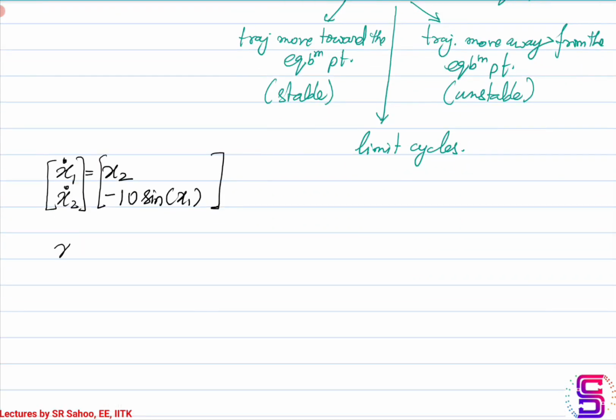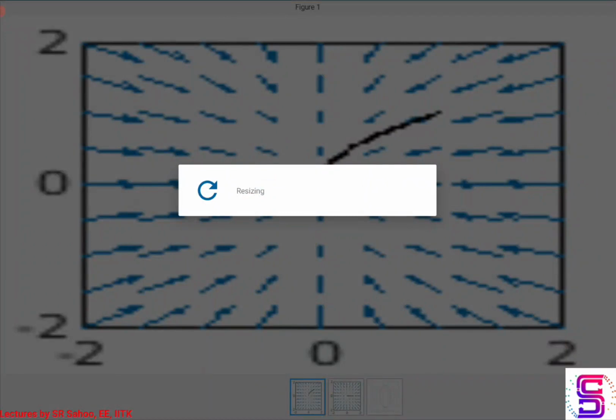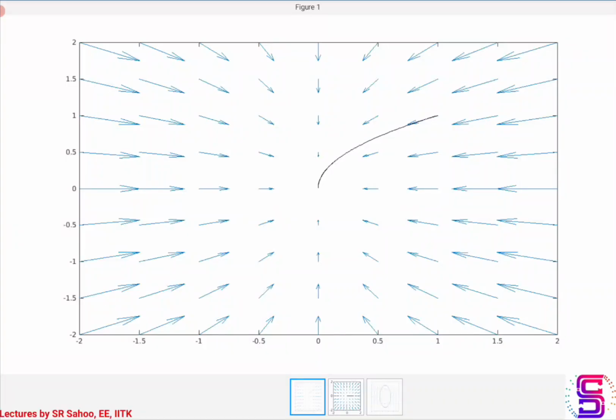Now similarly, if you take another example for a system x1 dot equal to minus x1 and x2 dot equal to minus x2, how does the trajectory look? So we started at the point 1 1.